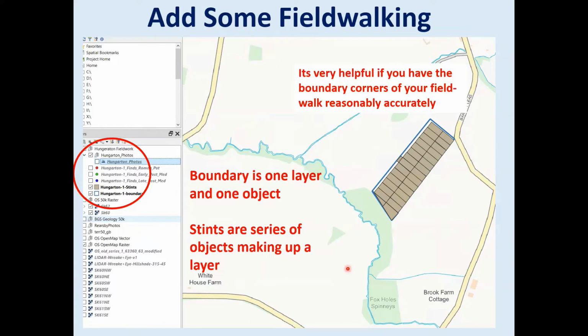If we look over on the left-hand side, I've got a number of layers here. The first one is just a boundary of where we walked. The second one is the stints, a group of objects making up that layer, whereas the boundary is just one layer and one object.